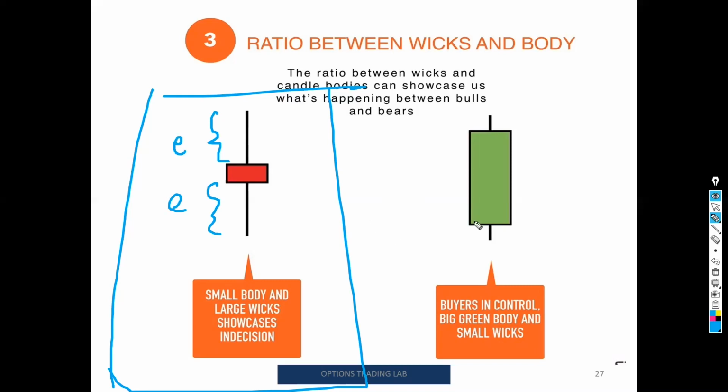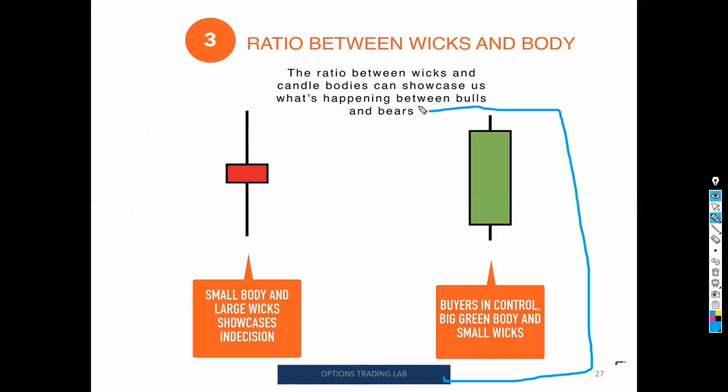That means buyers and sellers are equal in control. They are applying equal pressure in the market, and that's why these equal wicks are formed. So we can't make a trade in the buying side or in the selling side on this candle, because it is showing an indecision. Equal number of buyers and sellers are at that point of time.